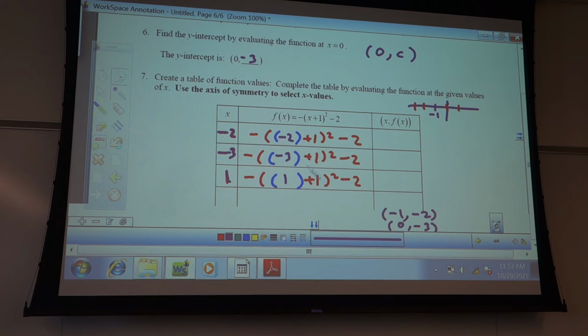So -2 plus 1 is -1, squared is +1. Minus 1 is... Should we work through those together? You can do that.